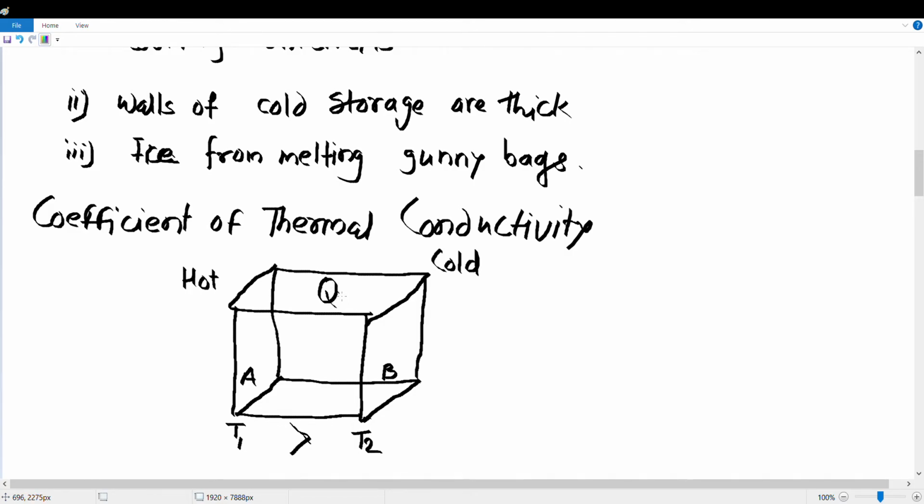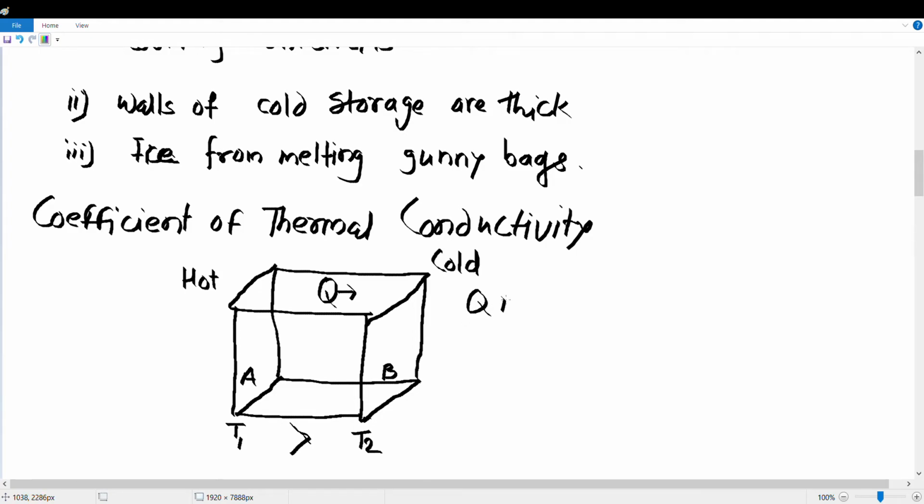The amount of heat Q conducted from the hot face to the cold face, the quantity of heat which is conducted from hot face to cold face, depends on several factors. What is this Q?